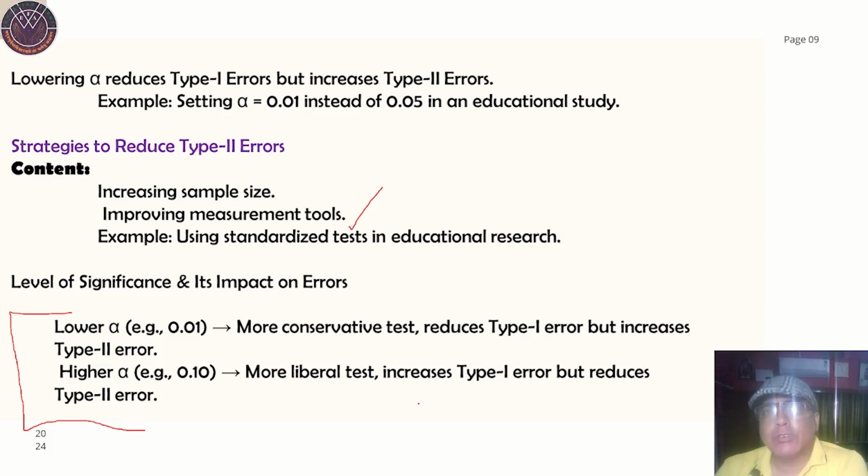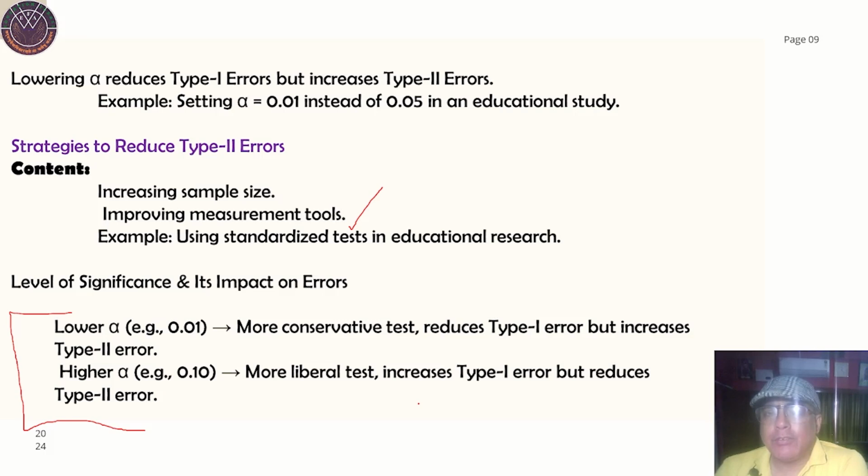That means you may conclude that our method is not working, because it may be working, but because you have gone for a very conservative test, with alpha at 0.01, you are not able to identify the effect. And if you increase alpha to 0.10, or take a 10% chance, it will increase alpha error or type 1 error but reduces type 2 error.